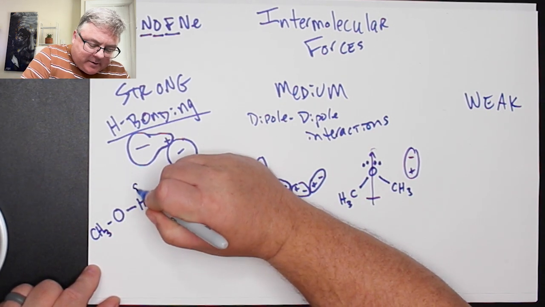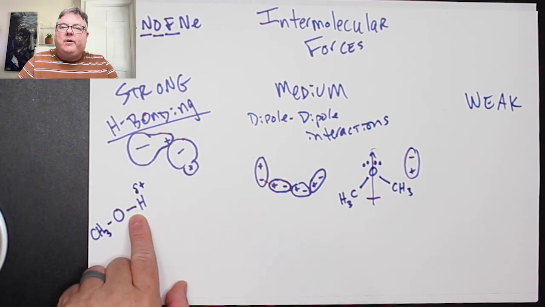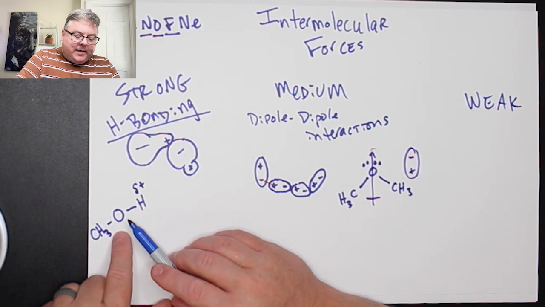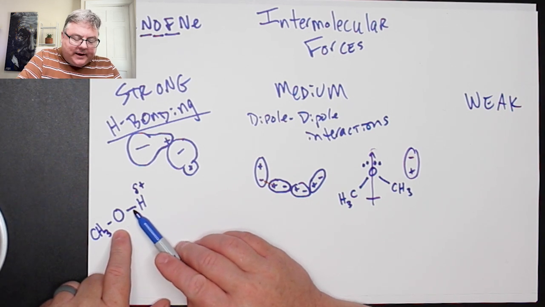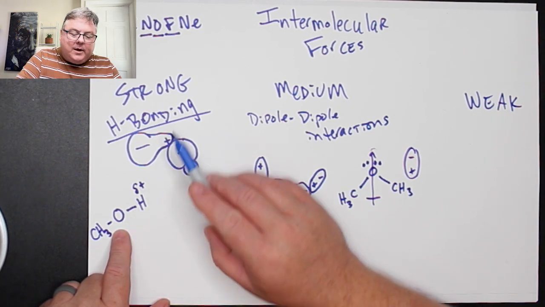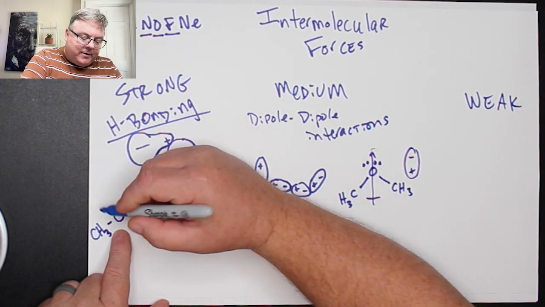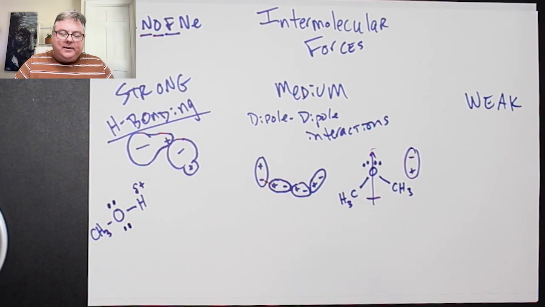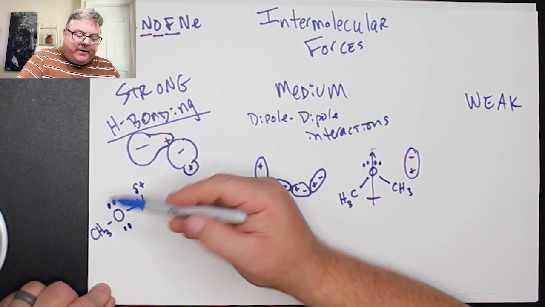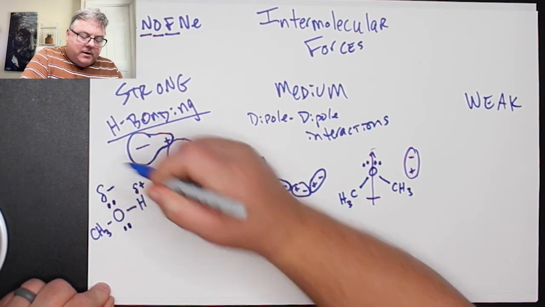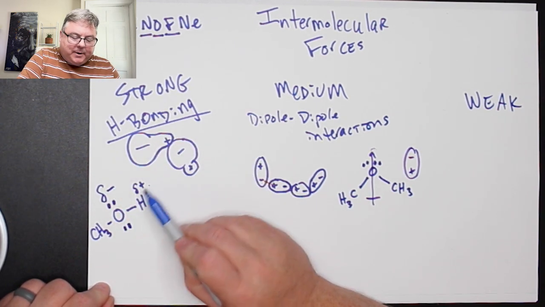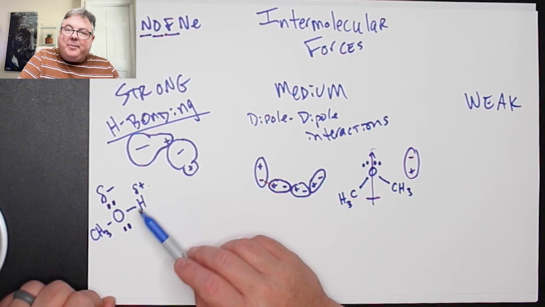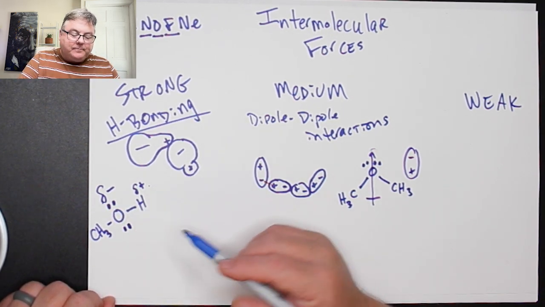But this hydrogen, because these electrons are pulled away from it, becomes very positive, like that tiny positive. And the oxygen, because these negative electrons get very close to it, because it's very electronegative, and it's got lone pairs of negative electrons on it, it becomes very, very negative. So that delta means partially positive, and this delta means partially negative, but this is very positive and very negative.